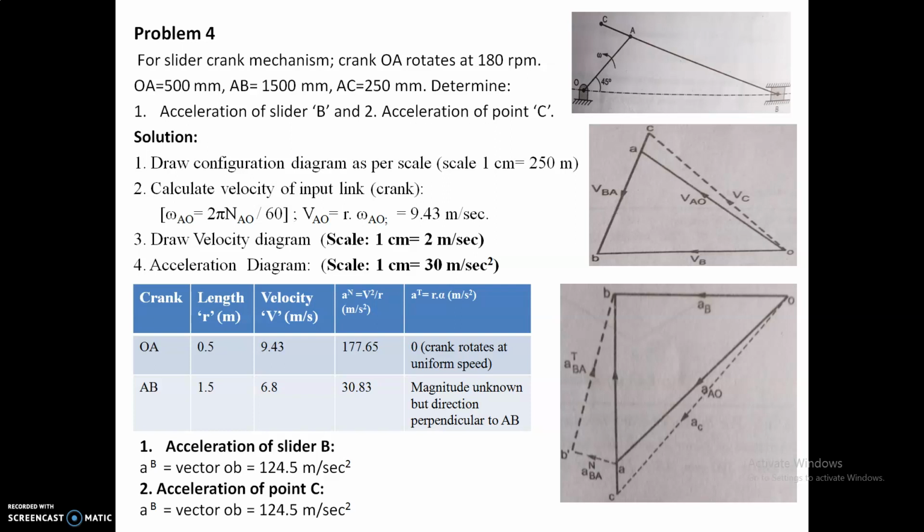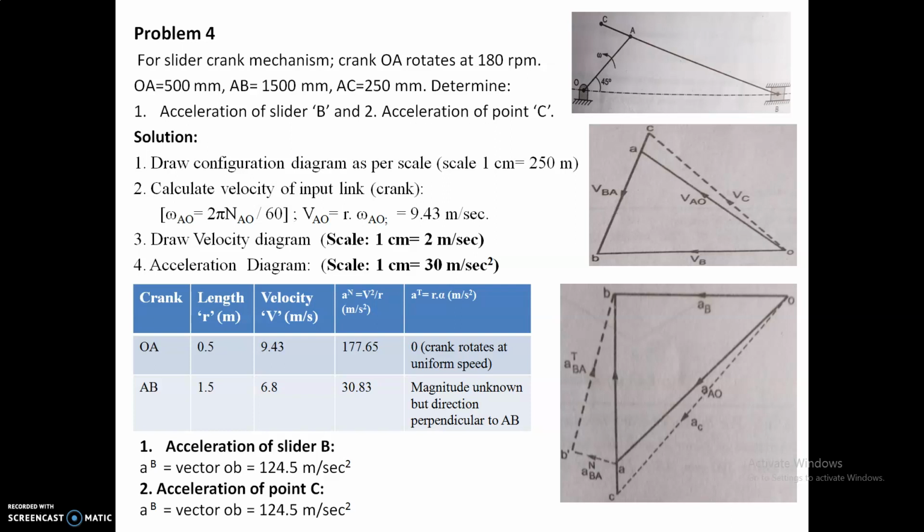Now, for drawing the velocity polygon, first of all, I have found the velocity of crank AO. By the formula, it is r into omega. Omega is not given directly, but the RPM value is given, so apply the formula omega is equal to 2 pi N divided by 60.